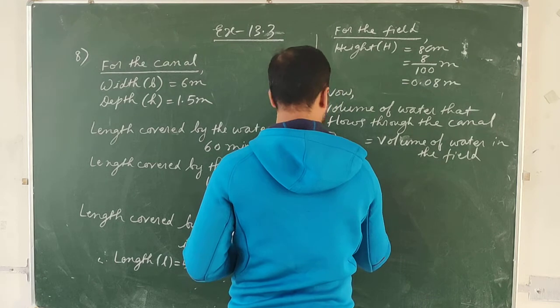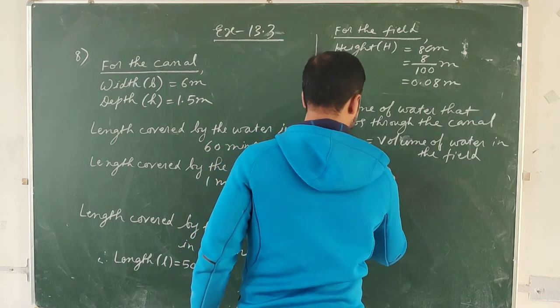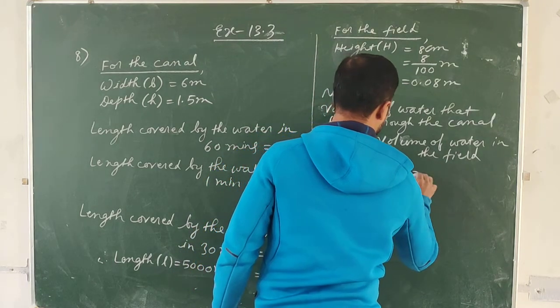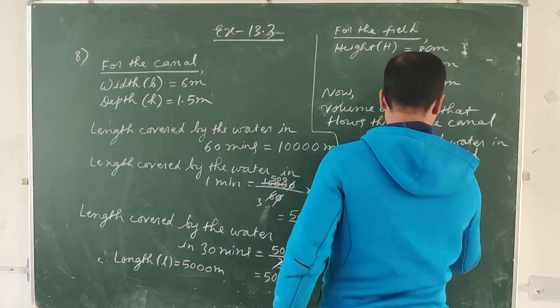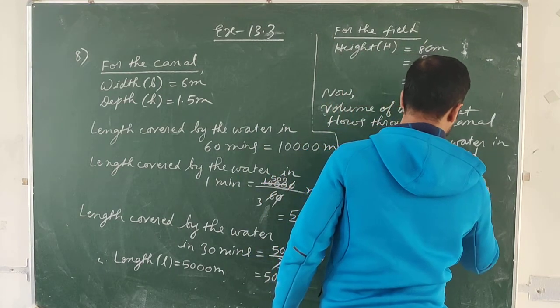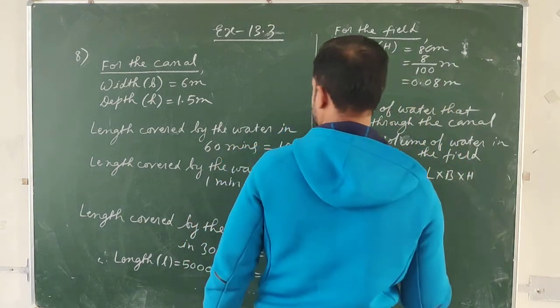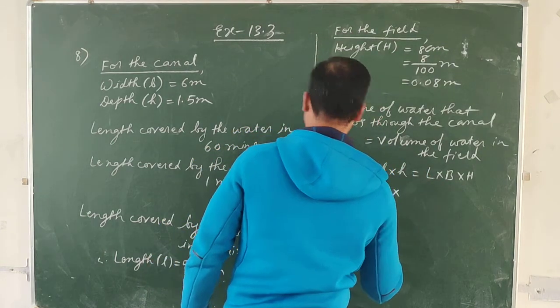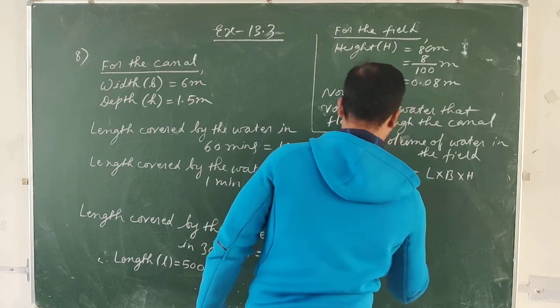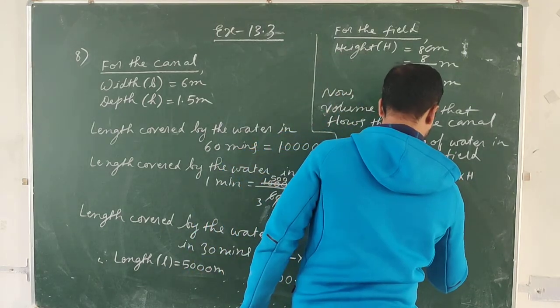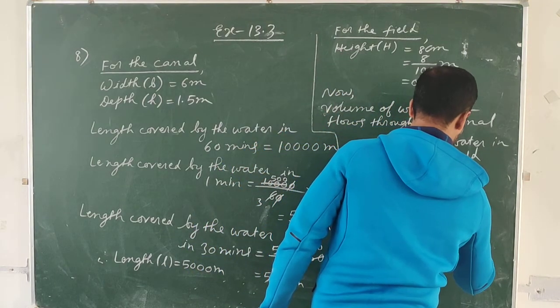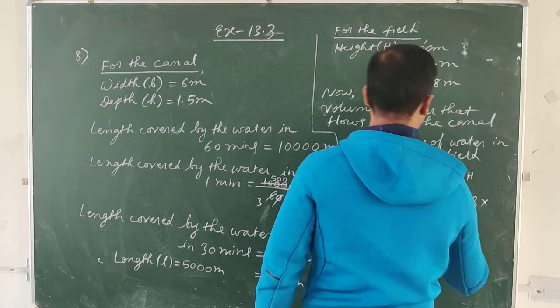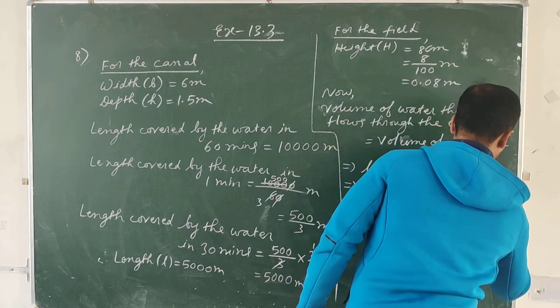Okay, so this side it will be L into B into H, and this side it will be L into B into H. So length is 5000, breadth is 6, and the height is 1.5. So L into B into H, H is how much? 0.08.